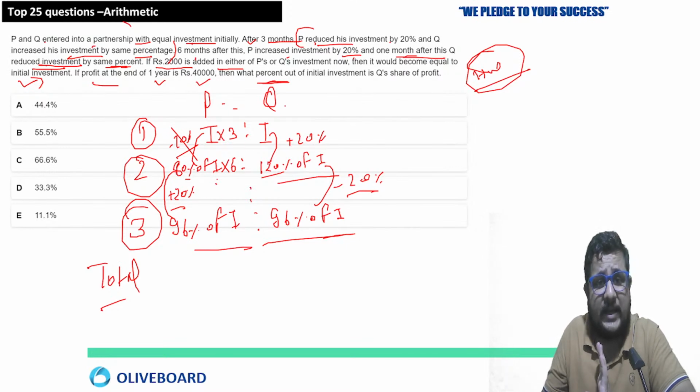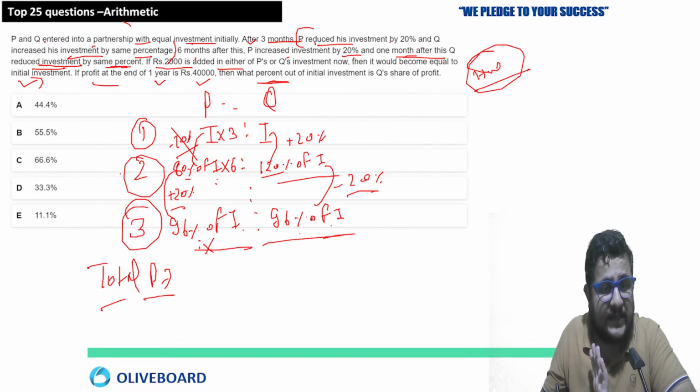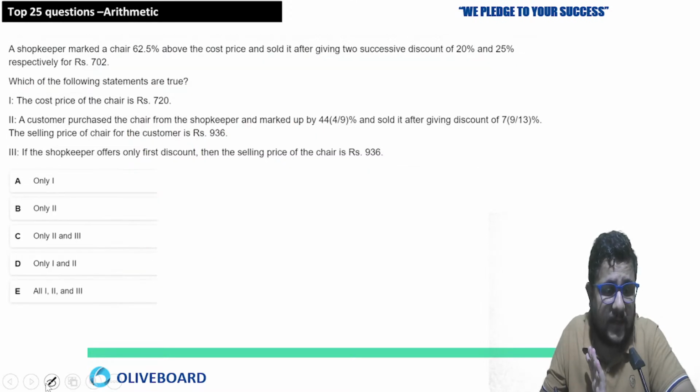So if we can easily find their profit ratio, then we can compare everything easily. So 96% of I, 96% of I. Now this 96% is for how many months? Tell me now. This 96% for how many months? So 6 months, 3 months, so total 1 year. So next 3 months. Here, if we talk about Q, just wait.